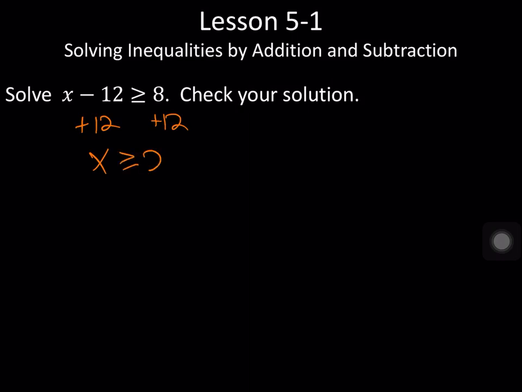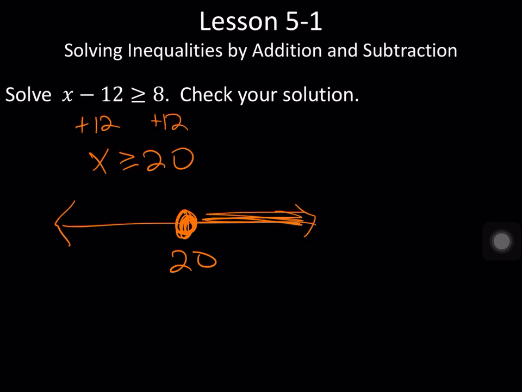Okay, so on a number line that looks like, here's 20, and greater than or equal to. The or equal to would mean this would be a closed dot, a closed circle, and then greater than pushes us off to the right.